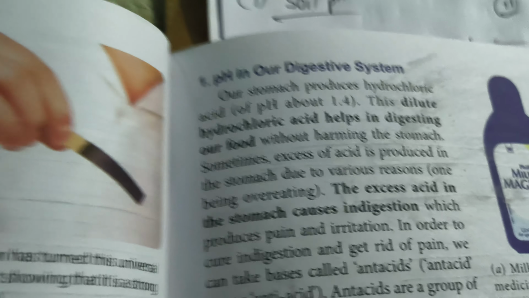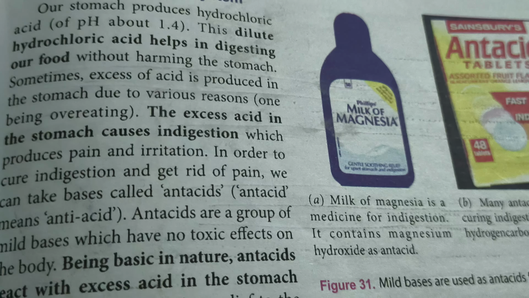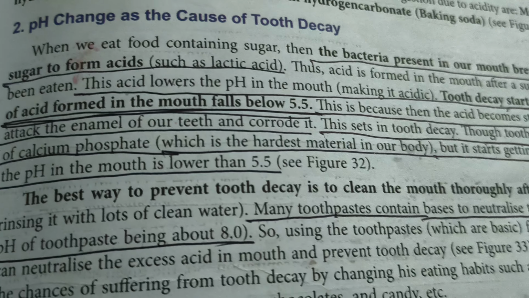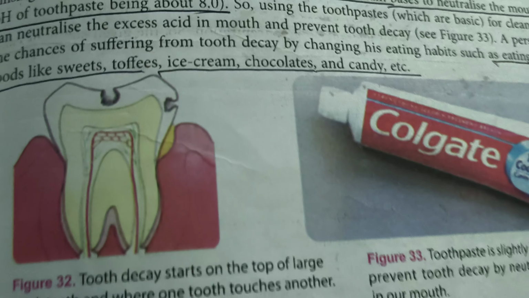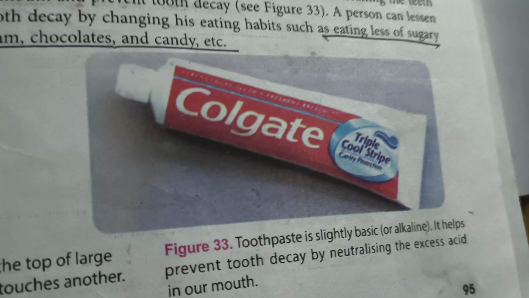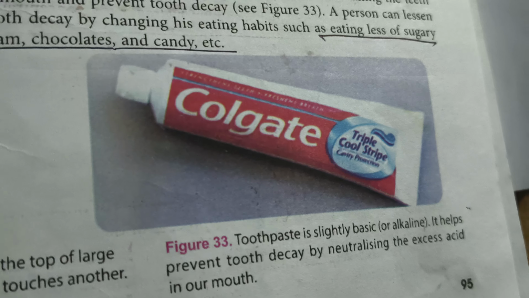pH in our day-to-day life. pH in our digestive system, right? Let us see. Then pH changes as the cause of tooth decay. Then how tooth decay starts, and we are using Colgate, slightly basic or alkaline. It helps prevent tooth decay by neutralizing the excess acid in our mouth.